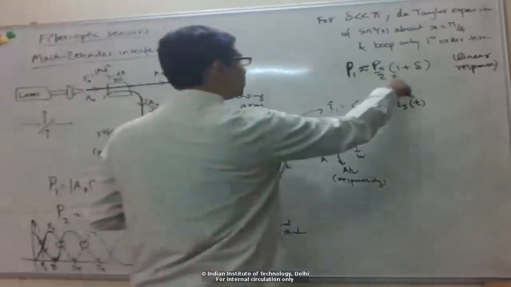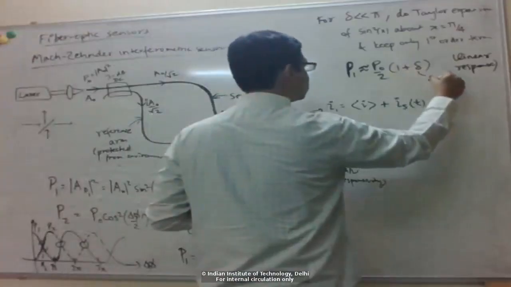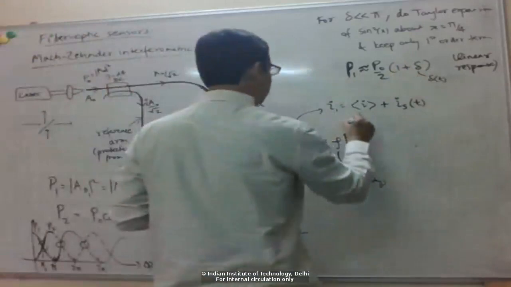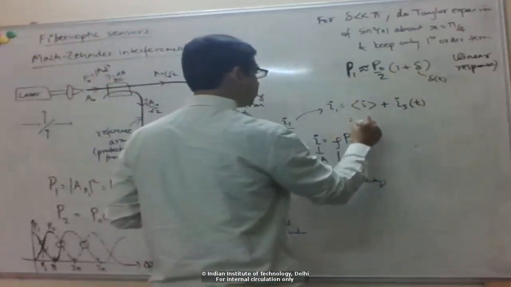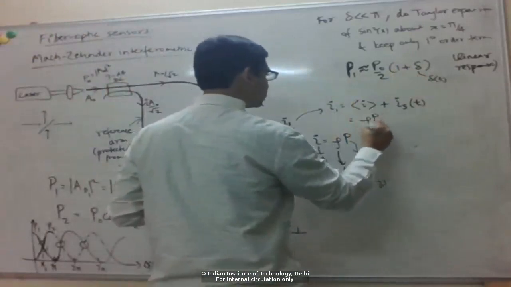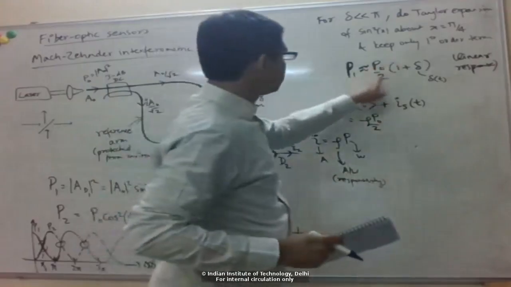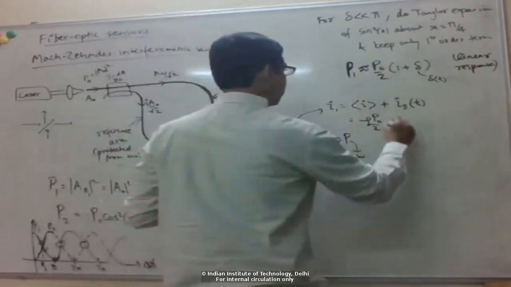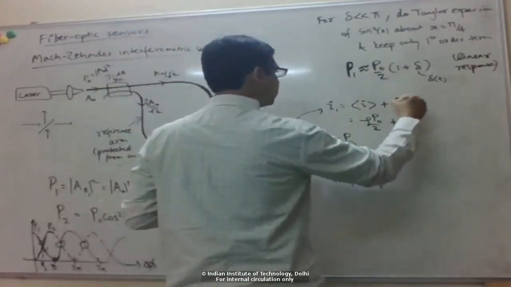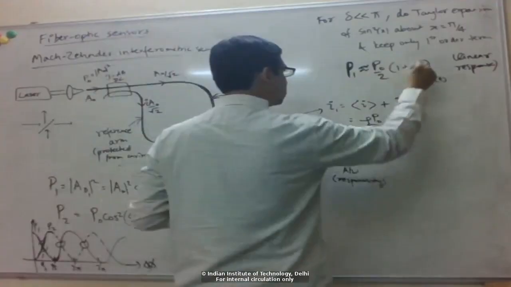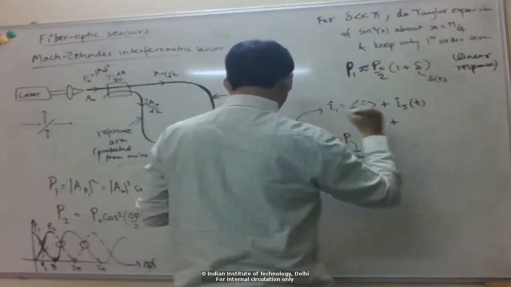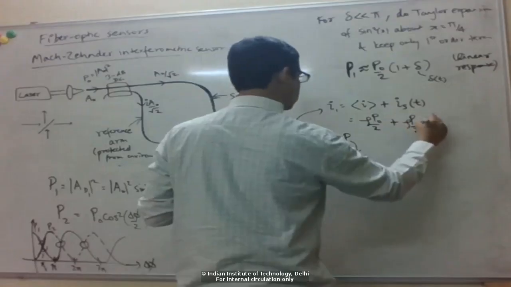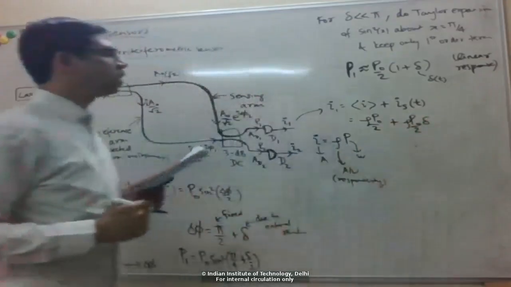Okay, so from here you can see, this, for example, is time varying. This is some external stimulus, right? So here I'll have a mean current coming from this P0 by 2, which is a DC power. And then this actual signal that I get, which is proportional to the external stimulus, that is rho P0 by 2 times delta.